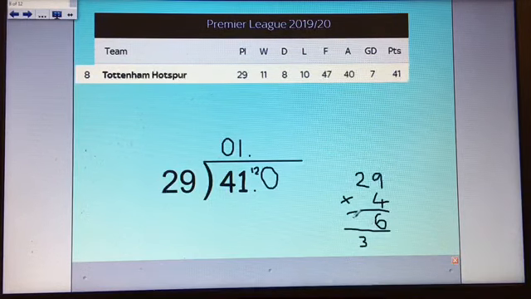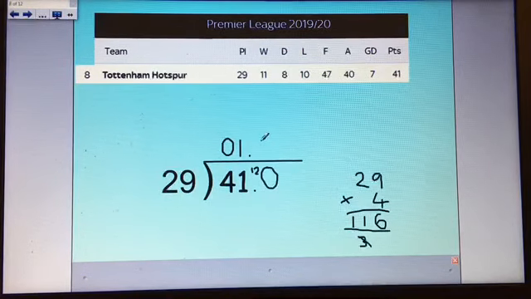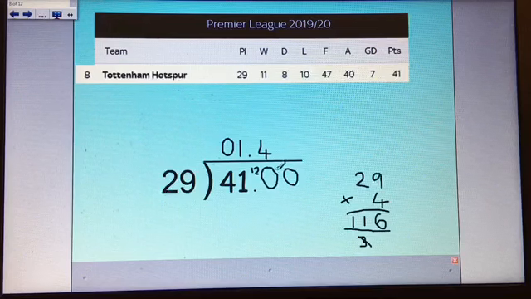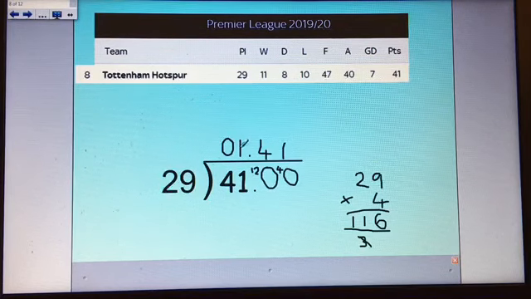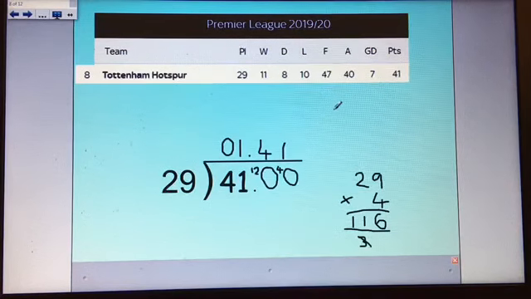Add the 3. Makes 11. 116. Yep, I was right. It goes in 4 times with how much left over? 4 left over. Okay, 29 into 40 goes, pretty sure it just goes once. So 1.41.